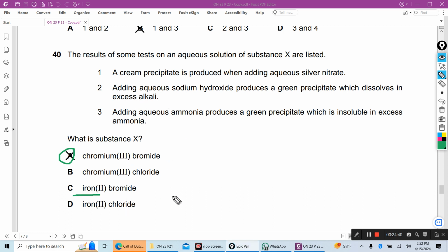Iron(II) hydroxide forms a green precipitate, but it does not dissolve in excess alkali, whereas here it dissolves. So this answer will be chromium. And iron(III) chloride is a chloride, not a bromide. Okay, the answer is A, chromium(III) bromide.